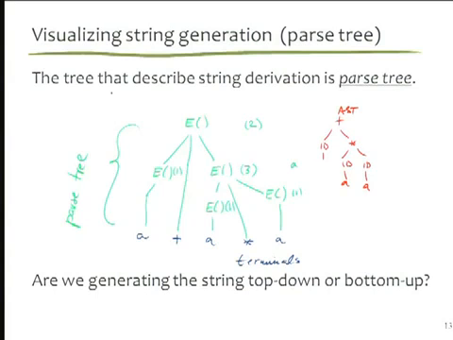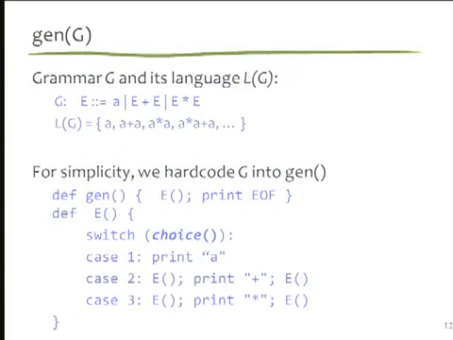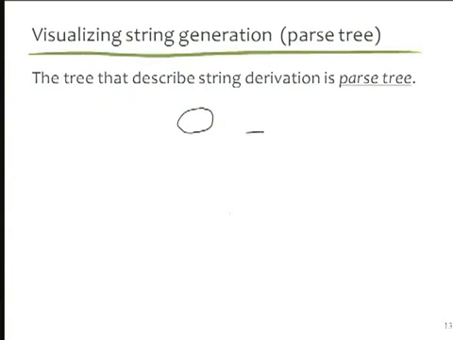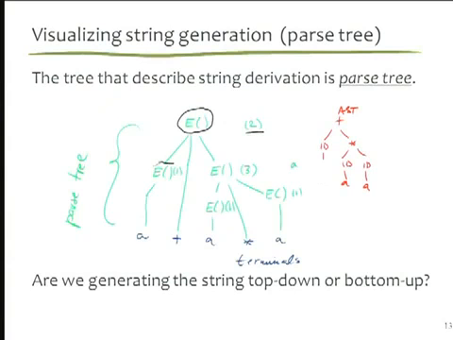Right? So look here. If you look at one possible execution of that random generator, which we have just written, we start here, and now the random generator has flipped the coin and produced 2. So we generate now the second production, this one here, right? Because we got the random number 2. And we visualize it as so, right? Now it has 3 children. You generate E recursively, and another E, and a plus.